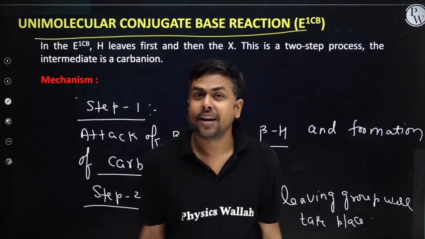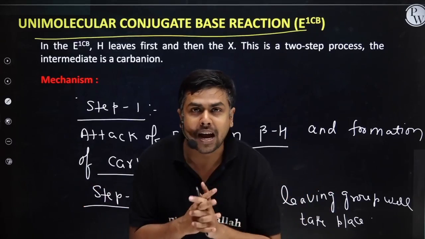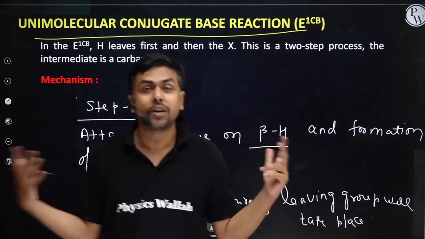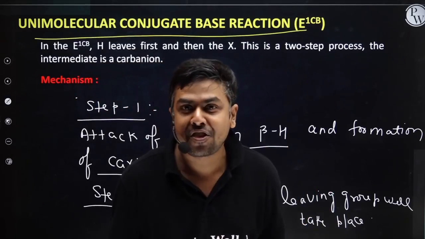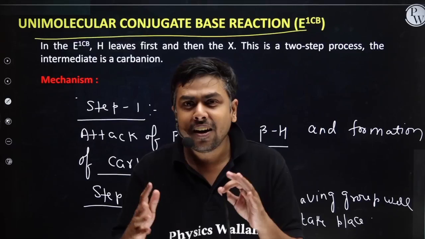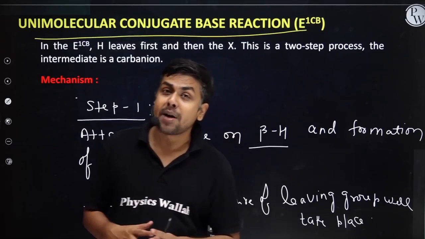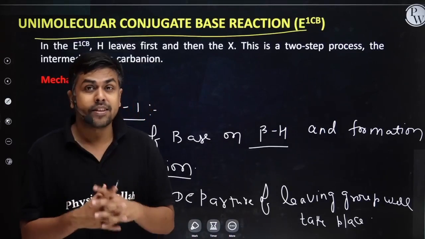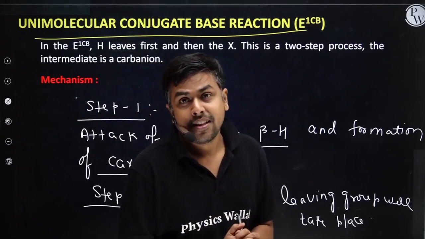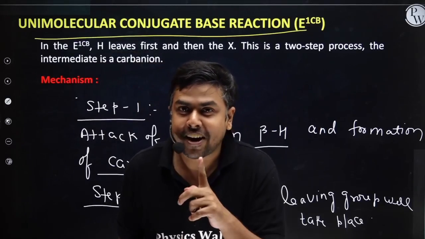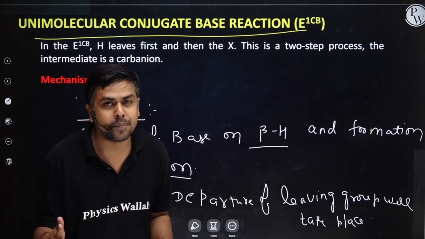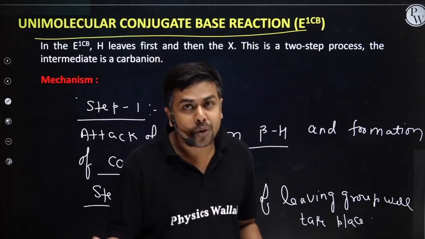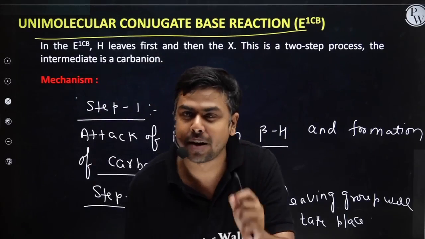Now student, if I am having more than 2 different types of beta carbon, from which beta carbon are you going to snatch hydrogen? Here we are having the formation of a carbanion. Lesser is the substitution of the carbanion, more is the stability, right? A 1 degree carbanion is more stable as compared to a 2 degree carbanion. A 2 degree carbanion is more stable as compared to a 3 degree carbanion, right?